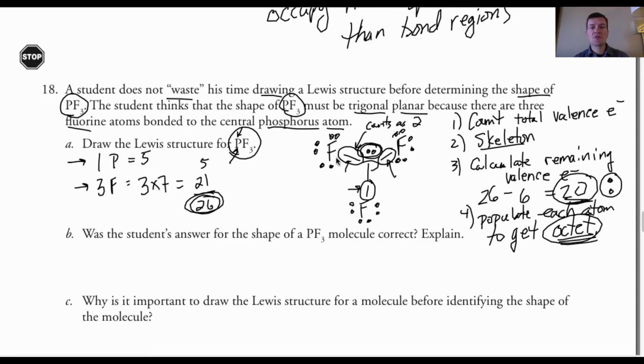That's why it's crucial to draw the Lewis structures, because you have to identify if there are any lone pairs that's going to kind of alter the structure of the molecule. Okay? So he thought it was going to be trigonal planar. He was wrong. It should actually be pyramidal.